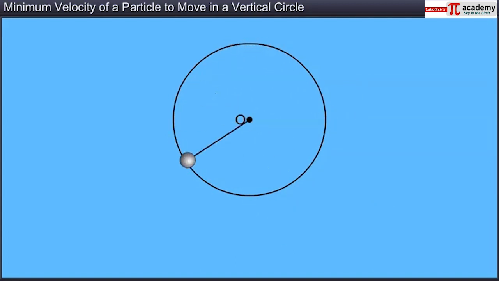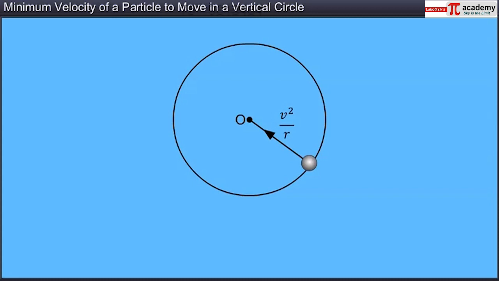When the particle moves along a vertical circular path, the radial acceleration acts towards the center of the circle, which is equal to v square upon r, where r is the radius of the particle's circular path.